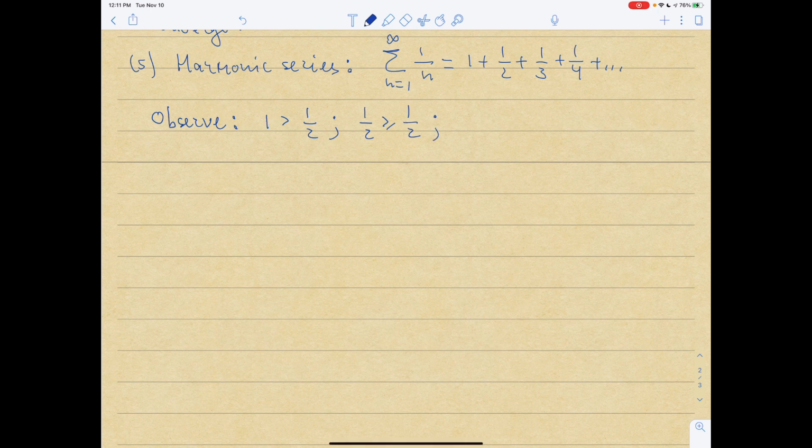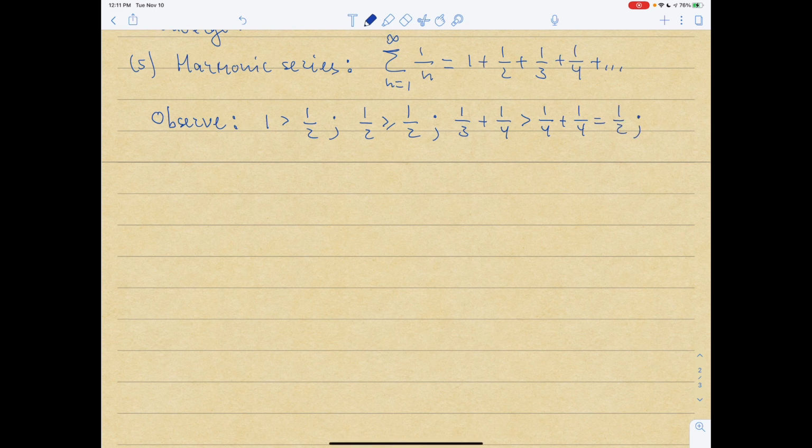The next two terms are 1/3 and 1/4. So if I take 1/3 plus 1/4, then I see actually that 1/3 is bigger than 1/4. So this is greater than 1/4 plus 1/4, which is 1/2.